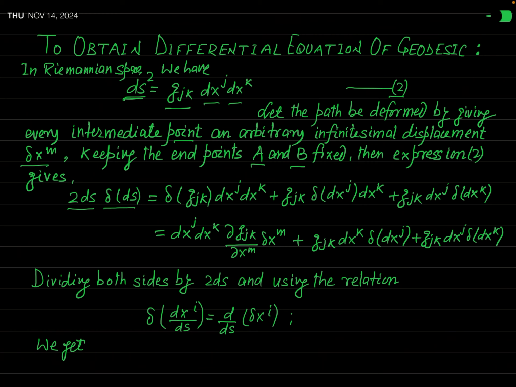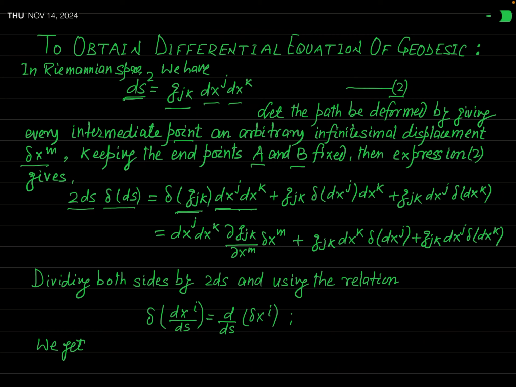So when you operate the operator delta on the first function g_jk, then you have to keep the other two functions dx^j and dx^k at ease. So the first term will be delta operated on this metric tensor g_jk times dx^j times dx^k.